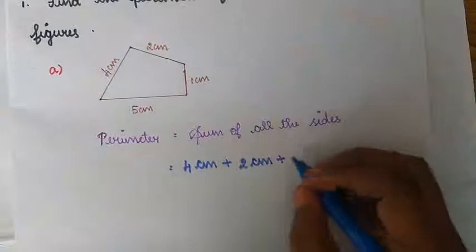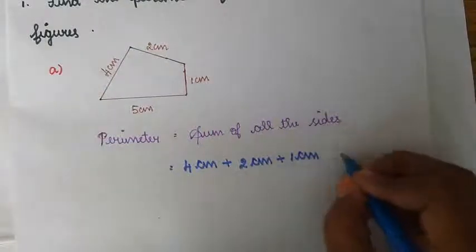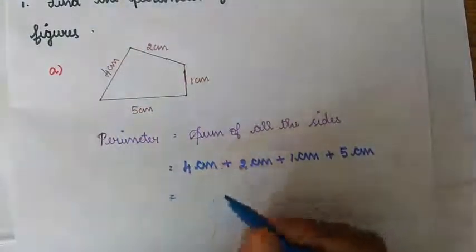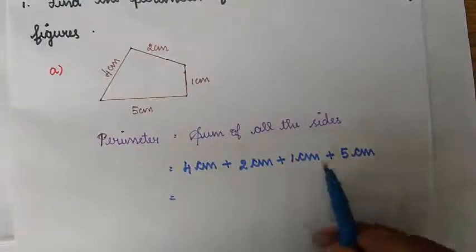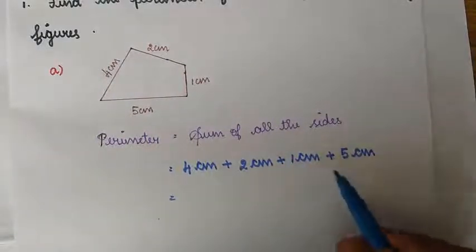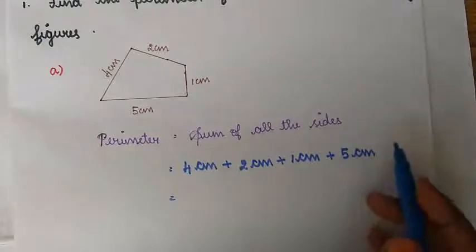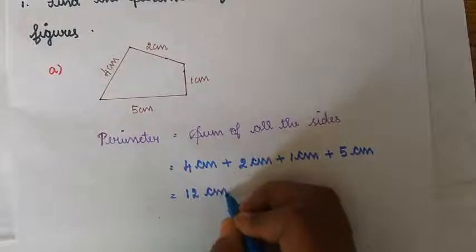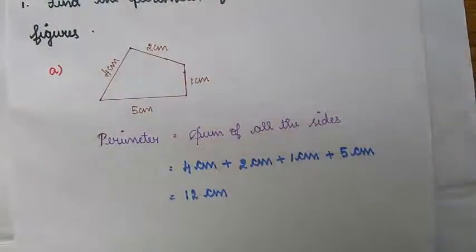Next one is 1 centimeter plus 5 centimeter. So we have to add these 4 terms. 4 plus 2 is 6, 6 plus 1 is 7, 7 plus 5 is 12. So the perimeter of the quadrilateral is 12 centimeter.